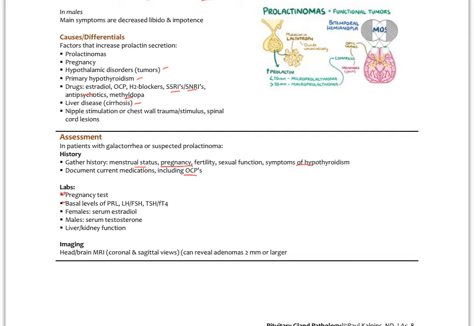In females, we're going to gather the serum estradiol, and in males, the testosterone, and then check liver and kidney function. And then a potential brain pituitary MRI could reveal the prolactinoma down to 2 millimeters if you use gadolinium contrast. All right, so that's the general assessment for prolactinomas.